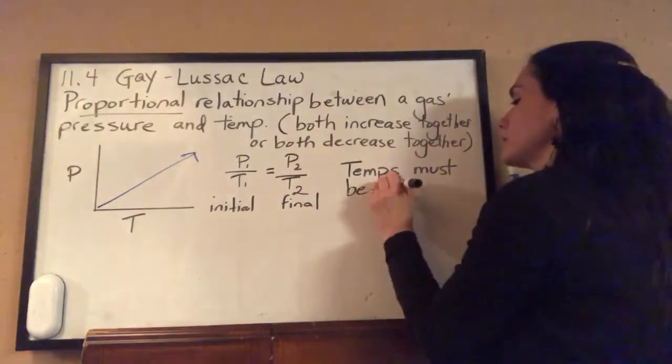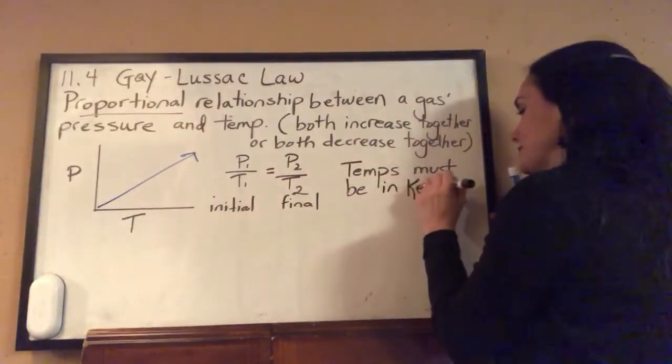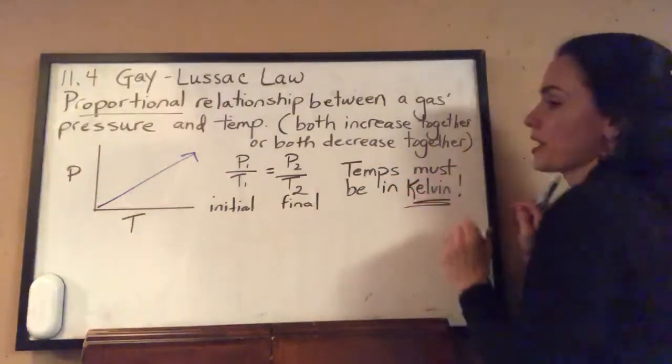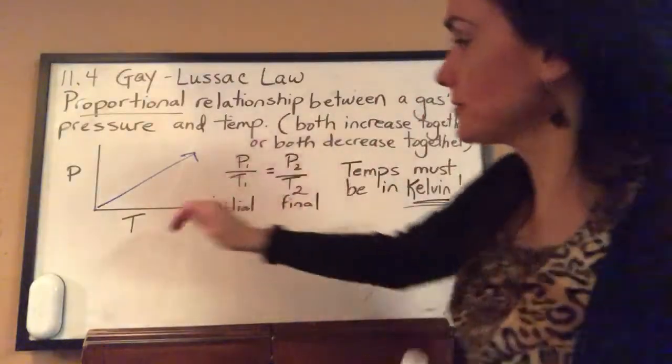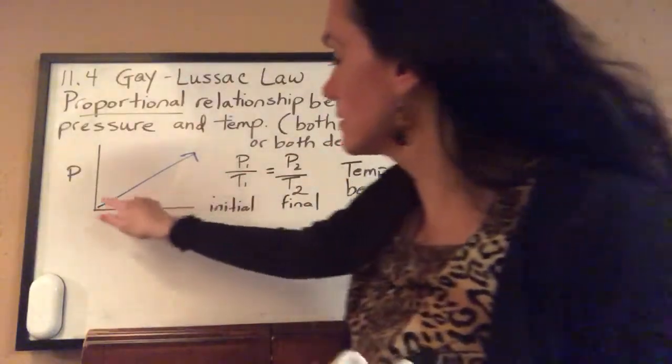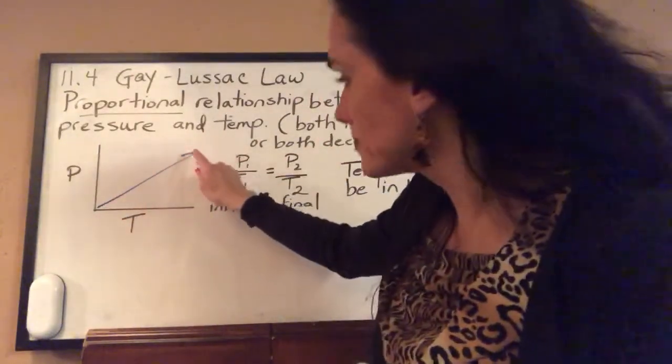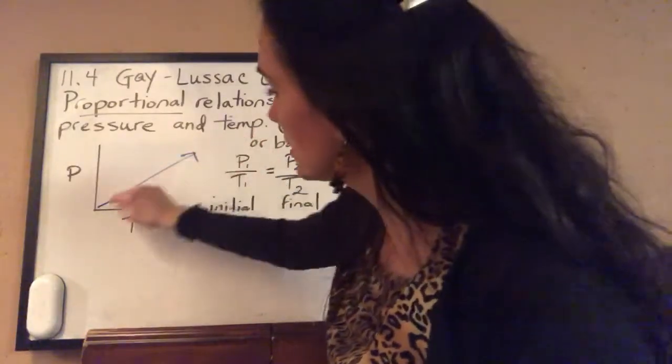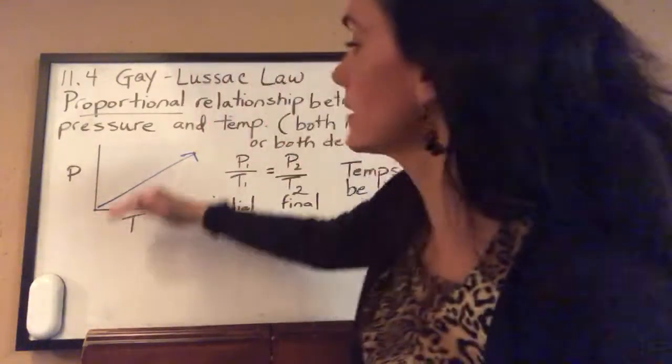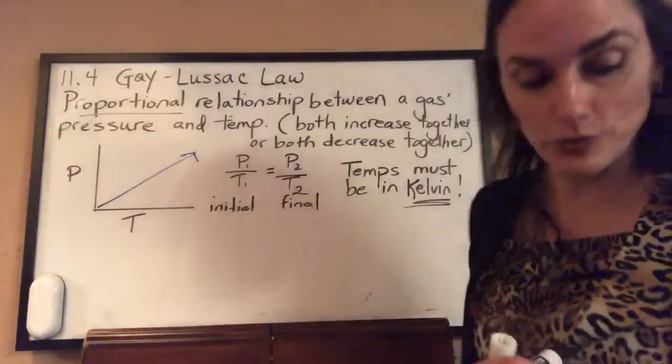So temps must be in Kelvin. Okay. So you see, as the temperature increases, the pressure increases as well. If the temperature were to decrease, okay, decrease along the x-axis, you would see that the y-axis values representing pressure would decrease as well.